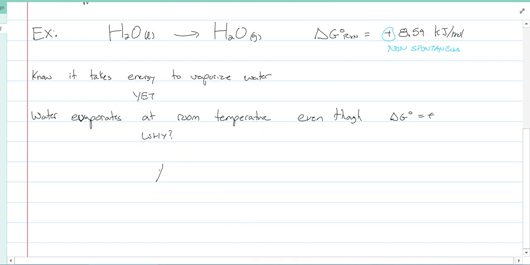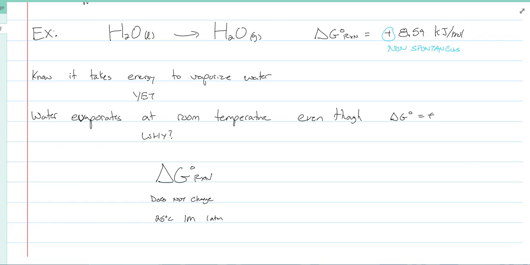So we know delta G standard for the reaction. All right, and this does not change. It's at 25 degrees Celsius, 1 molar, 1 atmosphere.